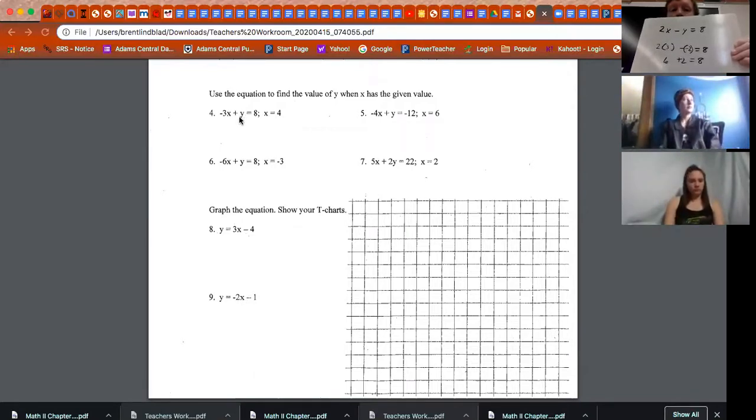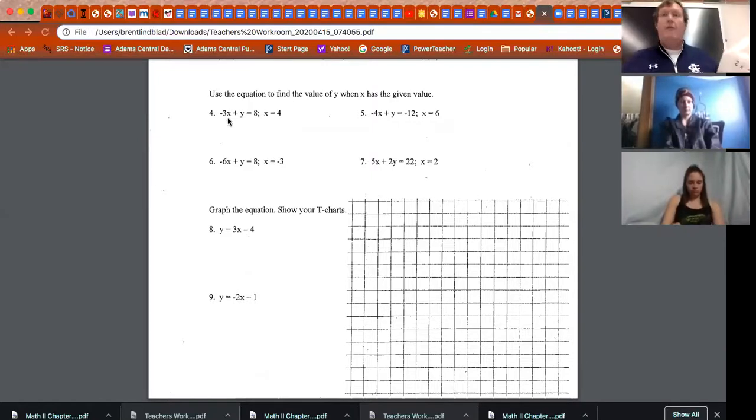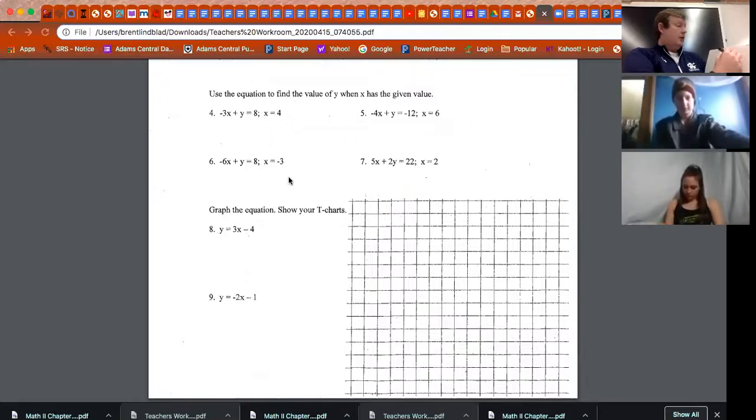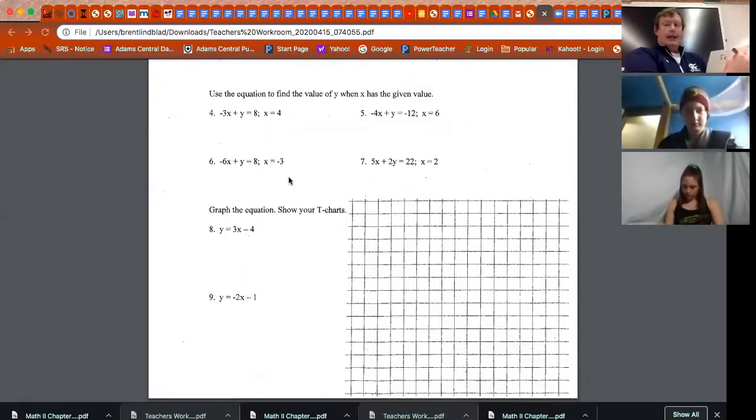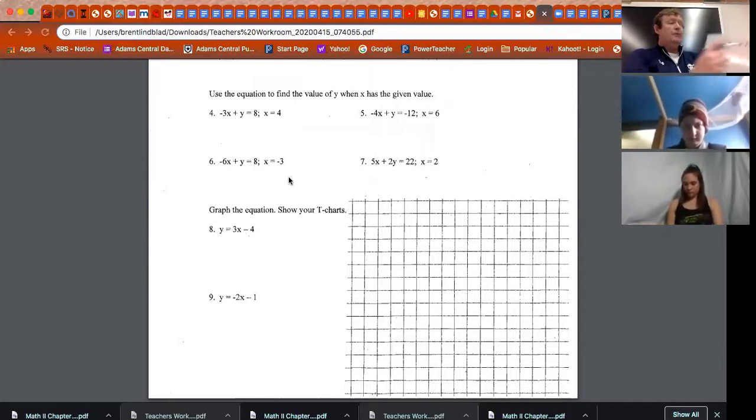So when we do that kind of problem, let's do number 7. 5x plus 2y equals 22, and then off to the side, x equals 2.